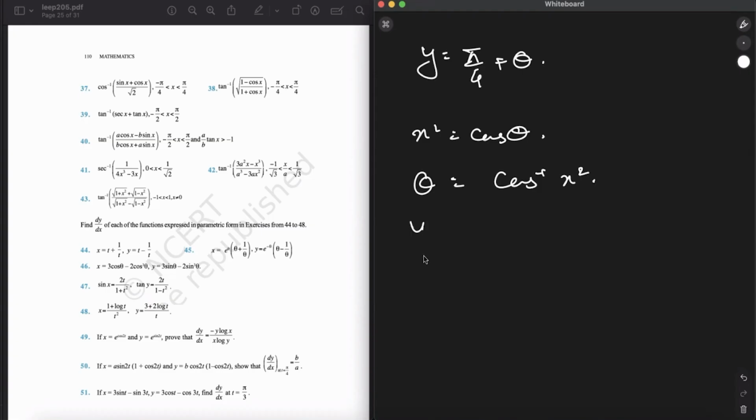So y will be equal to pi by 4 plus half cos inverse x square. And on differentiating it with respect to x, I'll be left with... where is this question?